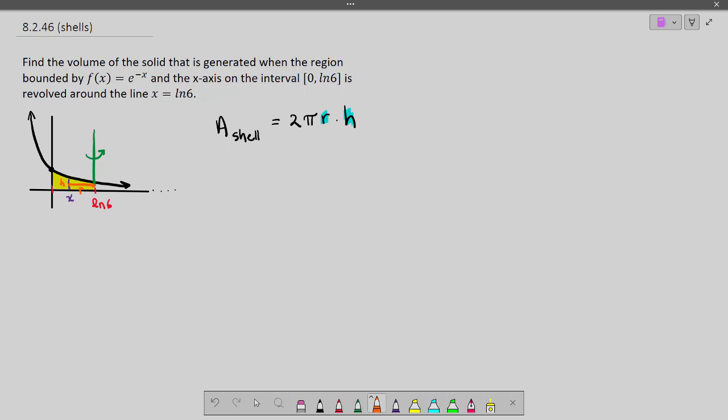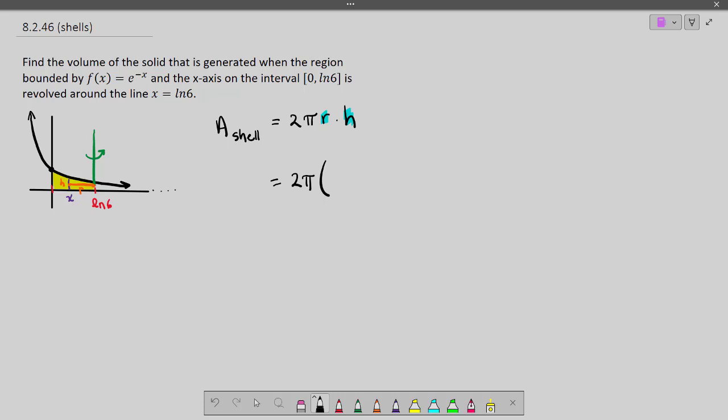So we'll be able to separate this into two totally distinct integrals. So we're distributing. Our first integral is 2 pi ln 6 integral e to the negative x dx. That one we can do immediately. No fancy integration techniques there.